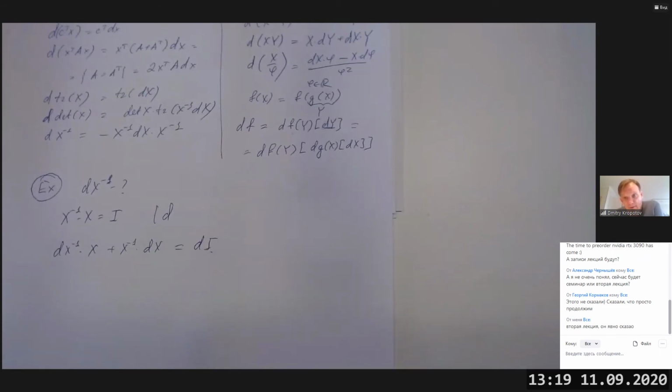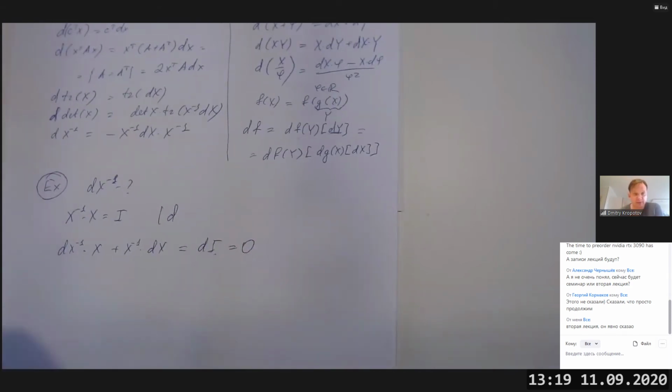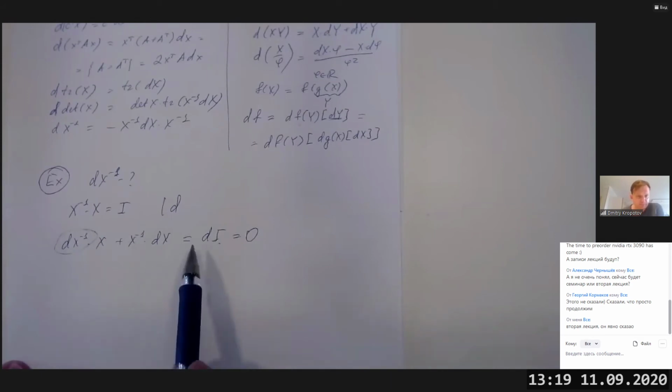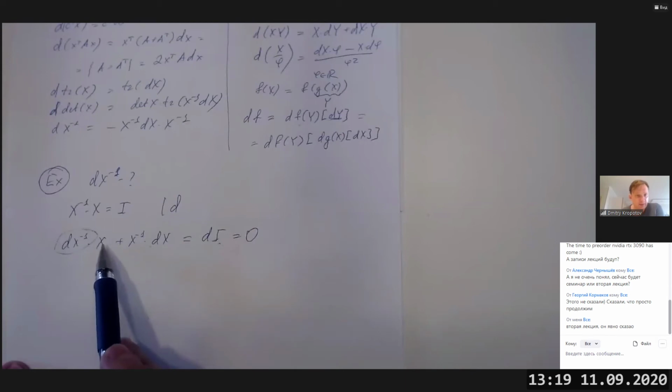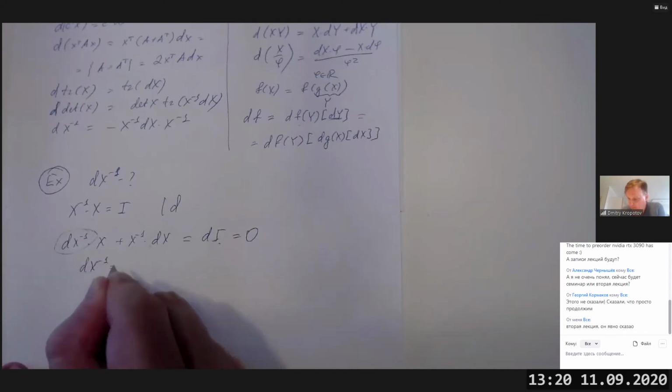It doesn't depend on any variable, so this is just a zero matrix. And finally, we need to extract this thing. So we put this expression to the right, then multiply both sides by inverse x, and finally get the answer.